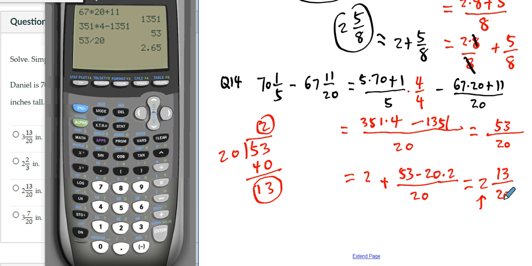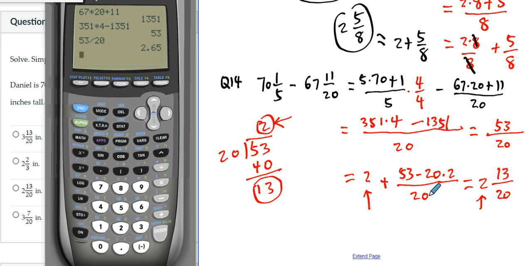So that's the reason when you use a calculator, you have these two out already. And 2 times 20, you got 40. So of course, that will be 53 minus 40. You got 13. Okay, that's the reason. So first, get the integer out.